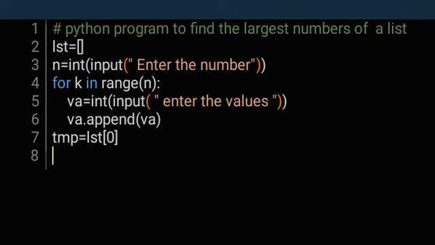Then I set up another loop to iterate from the beginning of the list: for k in range n.